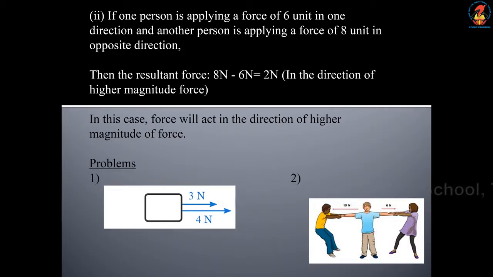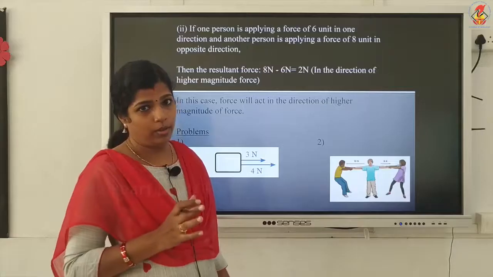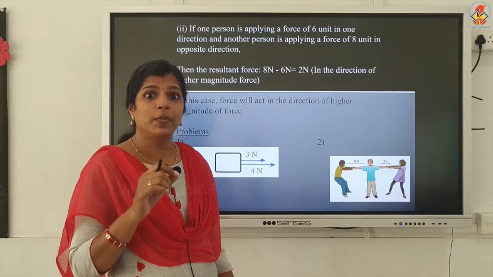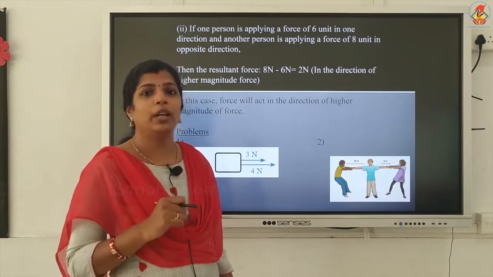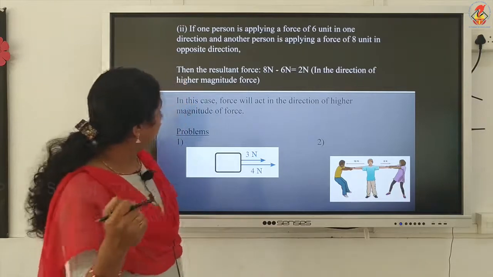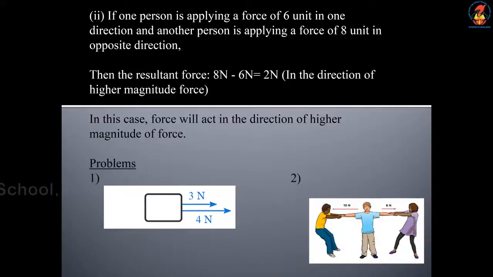That is 8 Newton minus 6 Newton, and you will get the answer as 2 Newton. Now we need to specify in which direction the object will move. The object will move in the direction of the higher magnitude force.